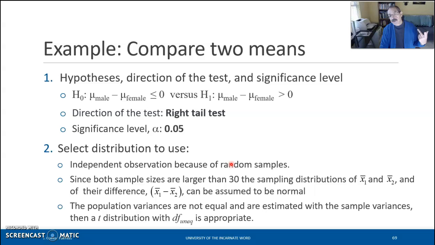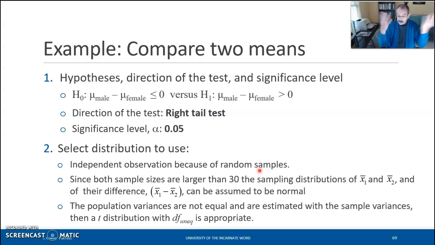In step 2, we select the distribution to use. Here we have two random samples, and because they are random, the observations within each of the samples are independent. Both sample sizes are larger than 30. One is 35, one is 45. So we know that the sampling distribution of the first mean and the sampling distribution of the second mean are normal.